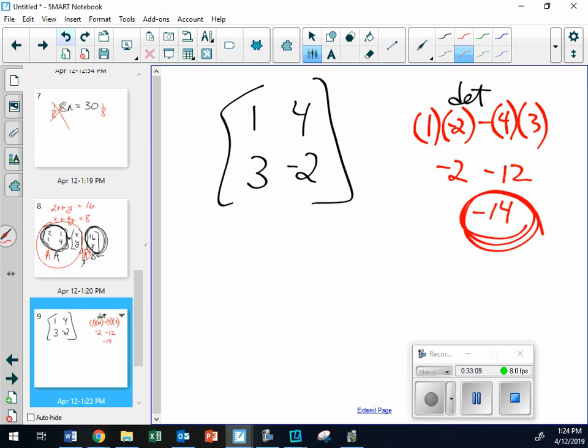The determinant of this matrix is negative 14. Do you get what I just did? I can see some people have figured it out. It's kind of like cross multiplying. It was that times that minus this times this.